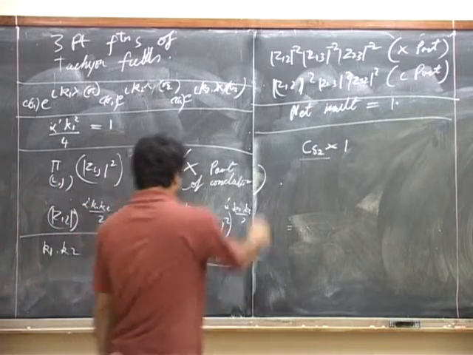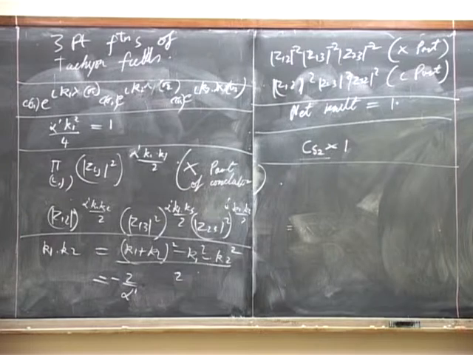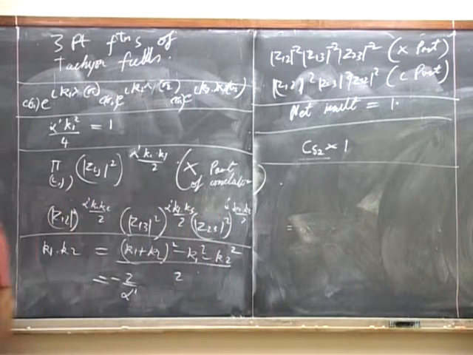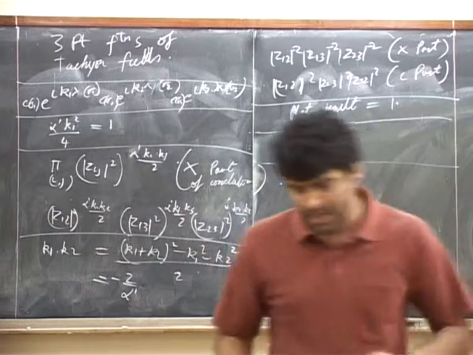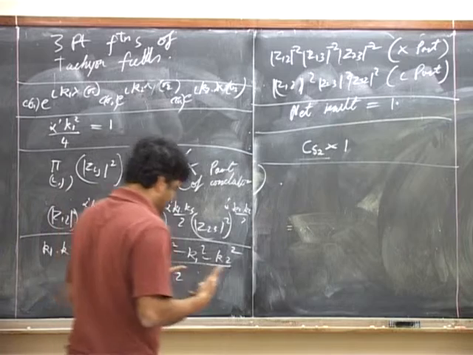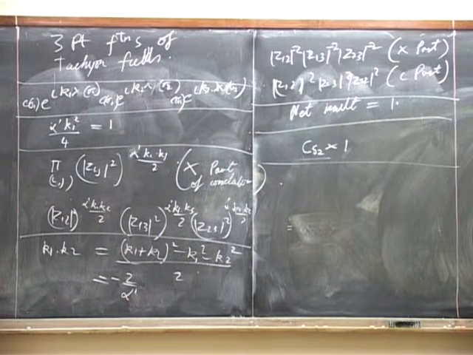Now we still have to develop our rules for calculating string scattering amplitudes. So something that we will provisionally do: we've said that in order to compute the scattering amplitudes of given states, you need to put vertex operators of these states on the sphere.